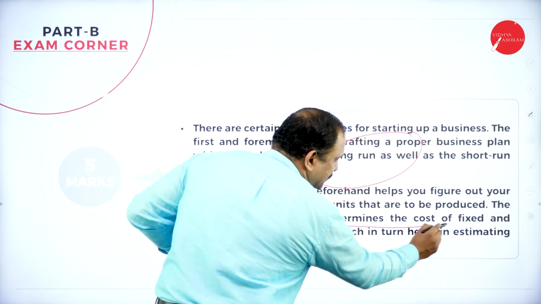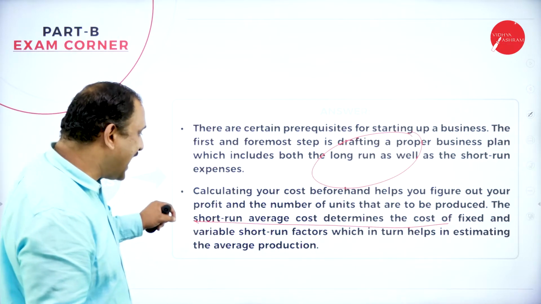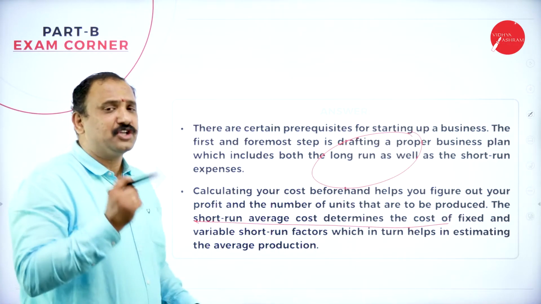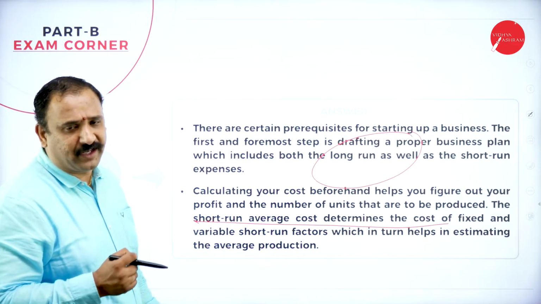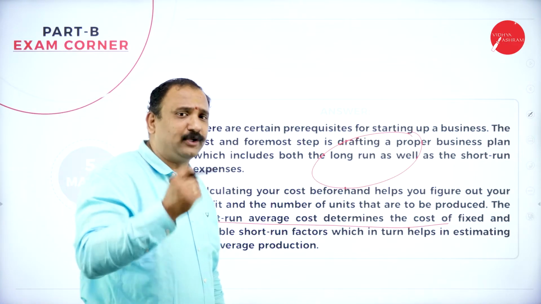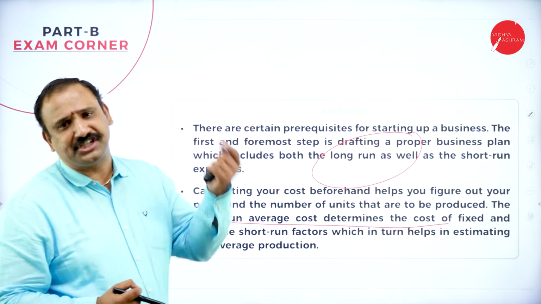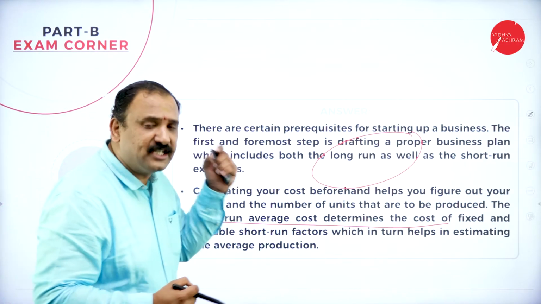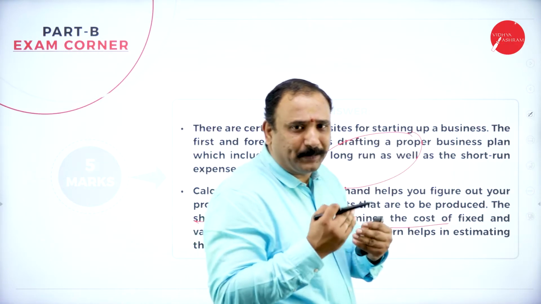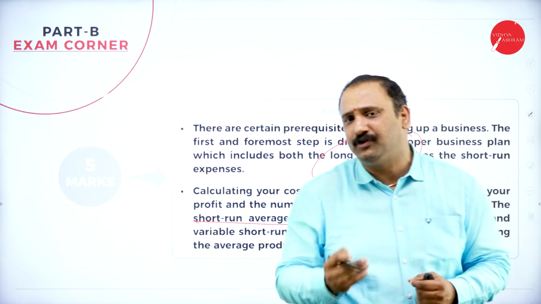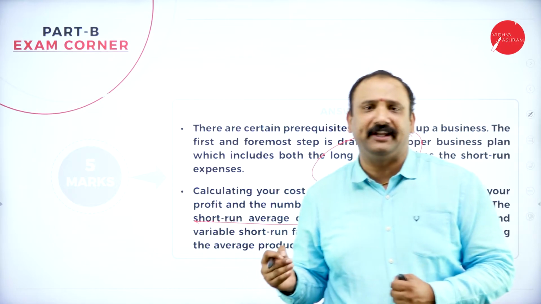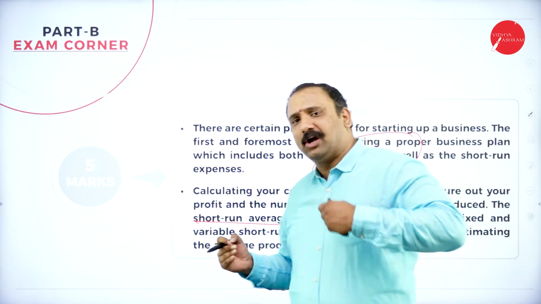The short-run average cost determines the cost of fixed and the variable short-run factors. So whenever you are running a short-run based business, you will try to keep the variables fixed as far as possible and not change them too much. The reason is also clear. Why? Because you want to produce the maximum number of units within the stipulated period of time. So you want to make a quick profit.